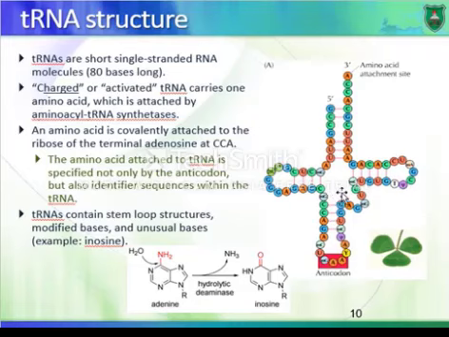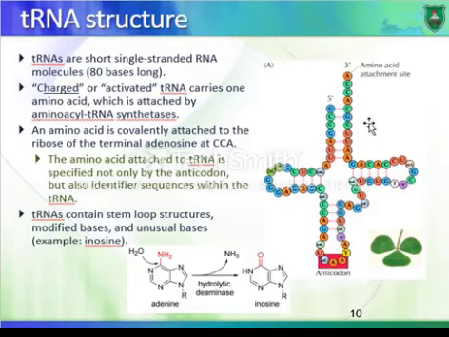The charged or activated tRNA can carry one amino acid, and this amino acid is attached to the ribose of the terminal adenosine at the CCA at the 3' end of the tRNA. The attachment of the amino acid to the tRNA is usually mediated by a type of enzymes called amino acid tRNA synthetases.